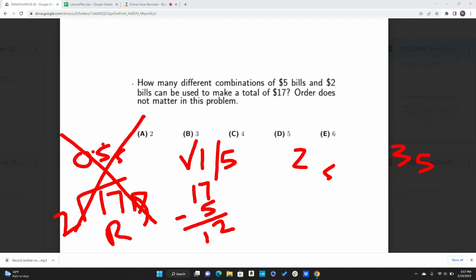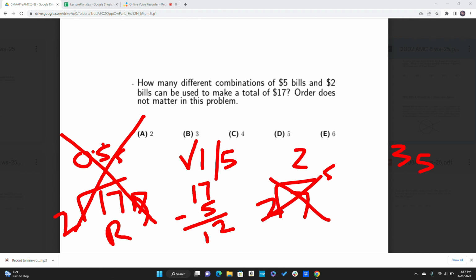Okay, what about two $5 bills? In that case, we've got $10 worth of $5 bills, right? 2 times 5 makes 10. And we subtract that from $17 to get $7 that we need to make out of $2 bills. Is that possible? Can you make $7 out of just $2 bills? Nope. For the same reason we can't do it with the 0 $5 bills, 7 isn't divisible by 2. We can't do that without a remainder.